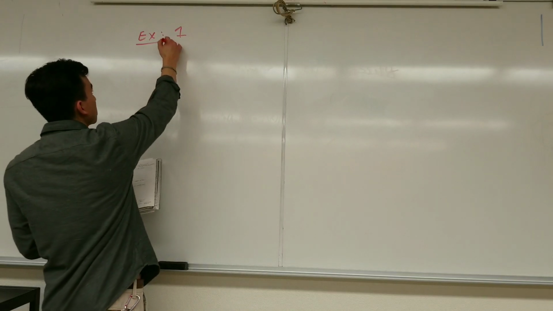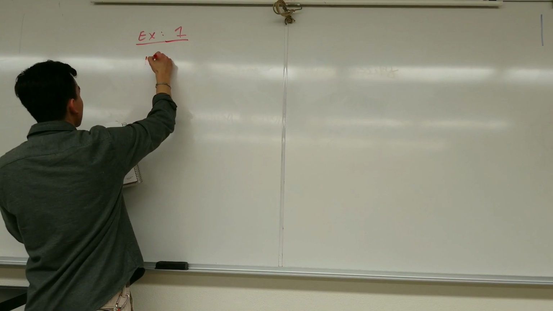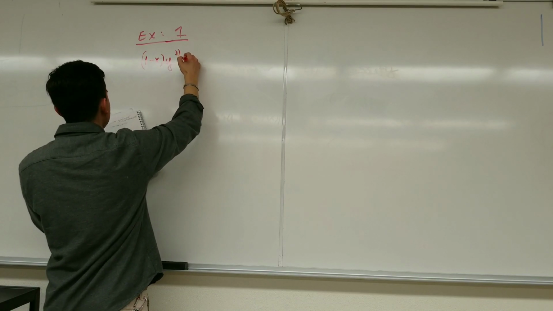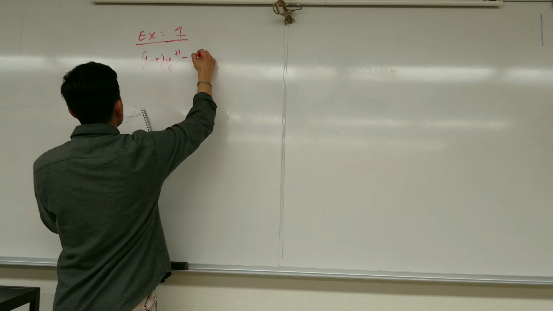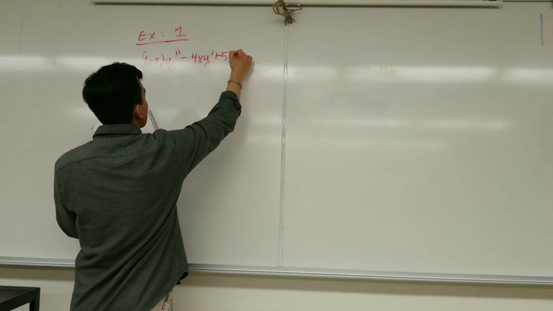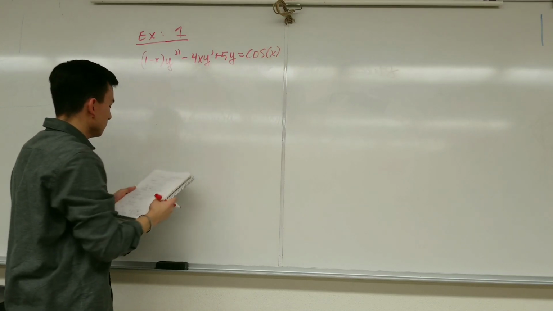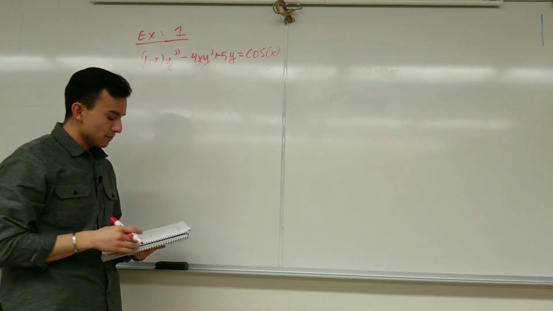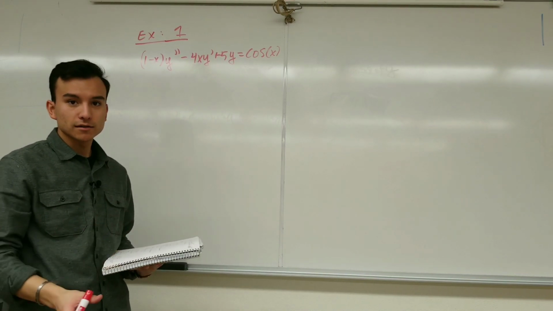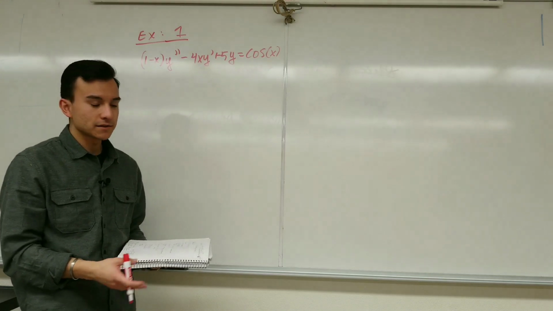So let's go to example 1. So we'll have (1 minus x) times y double prime minus 4xy. Okay, so we're going to try to find if this is linear, nonlinear, and what order it is.